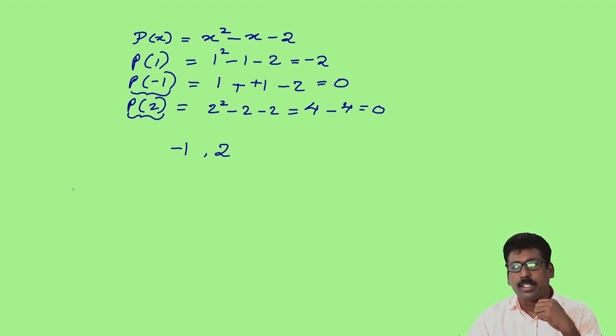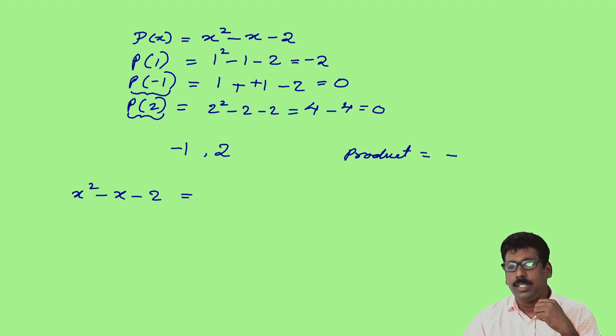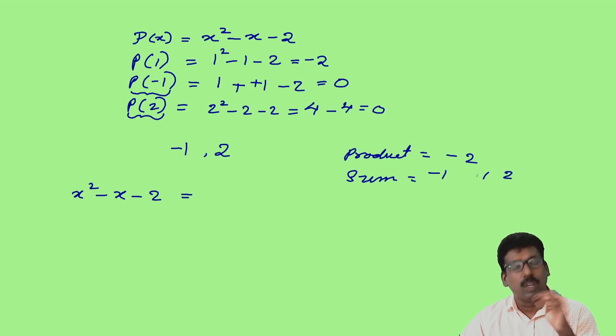Now let me factorize this polynomial x square minus x minus 2. How can you factorize it? Here the product is negative 2, 1 into negative 2, and the sum is equal to negative 1. The factors of 2 are 1 and 2, and while subtracting you get negative 1. So negative 2 plus 1.